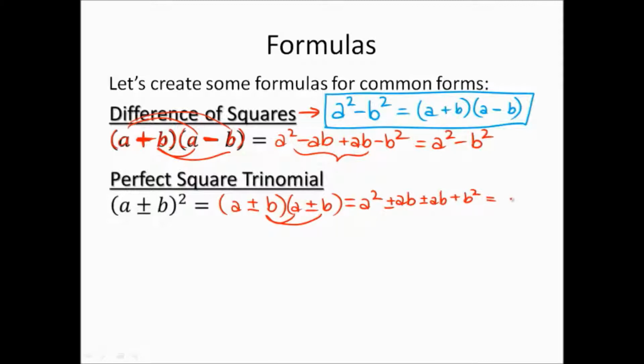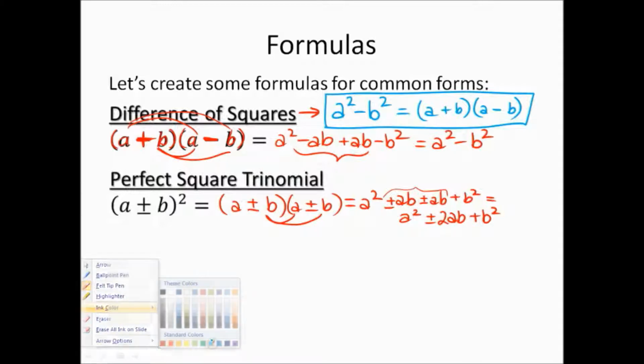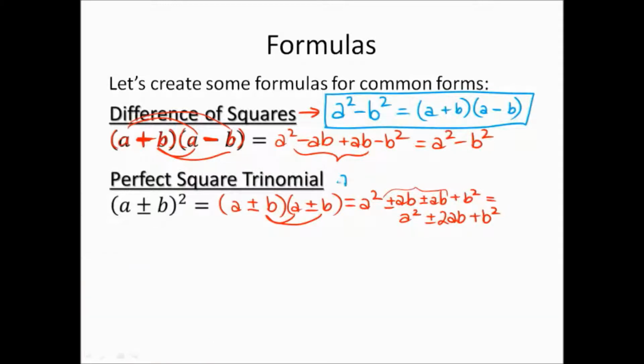And this simplifies to giving us a squared doubling the middle term. That's why this one is so interesting. And it doubles to either a plus if this was a plus or a minus if this was a minus, 2ab plus b squared. So our formula here can be expressed with any time we see this format with two squares for the first term and the last term.